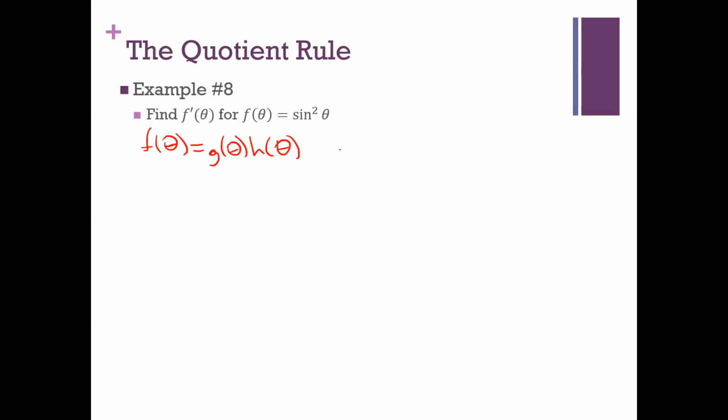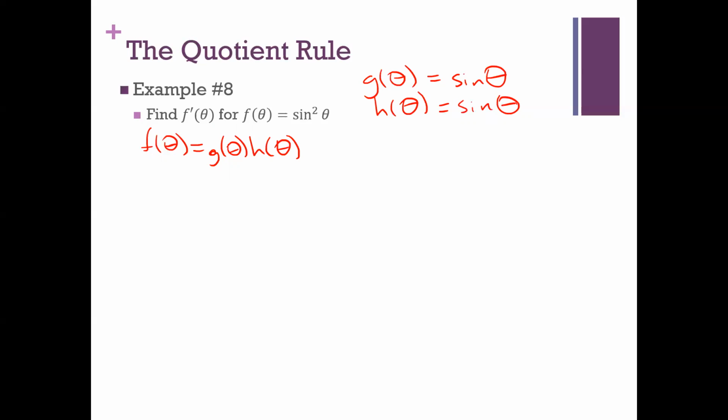So I agree that setting up as a product of two things is good, but we need to be careful about what those are. What are some things I can multiply together to give me sine squared, but I also know the derivative of those individual functions? Isn't it sine times sine? Yeah, the sine of theta times sine of theta. Do we know what the derivative of sine of theta is? Not sine squared, just sine of theta. Right, so we can do that.